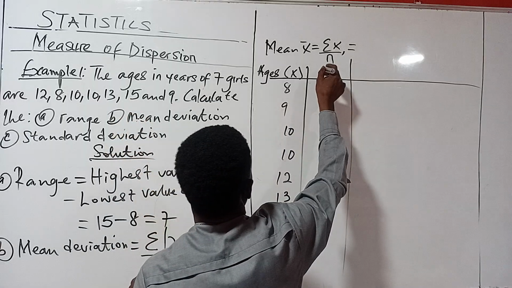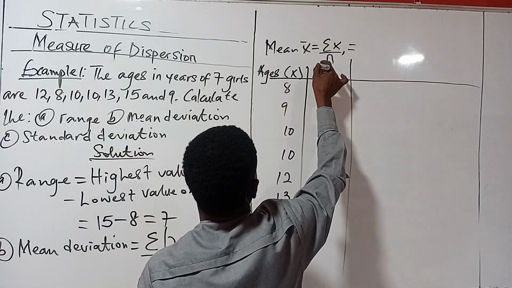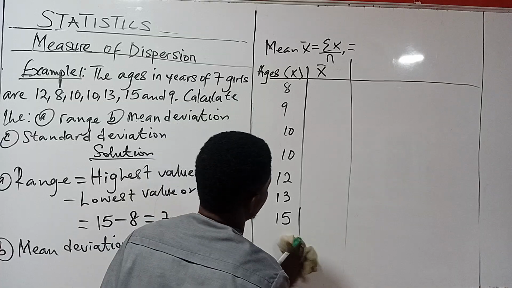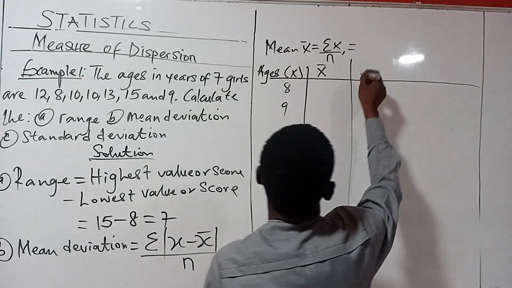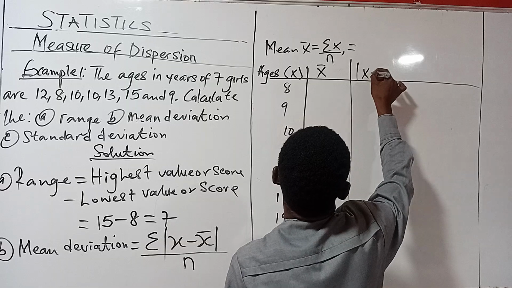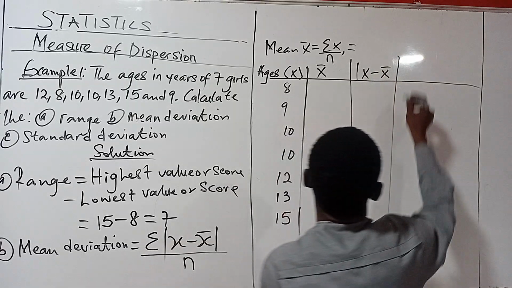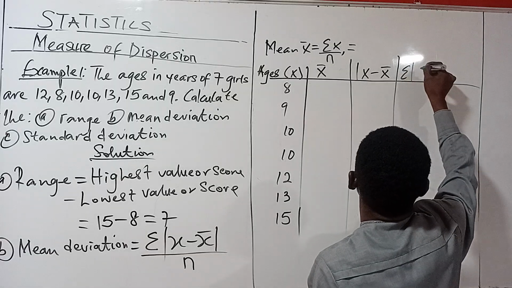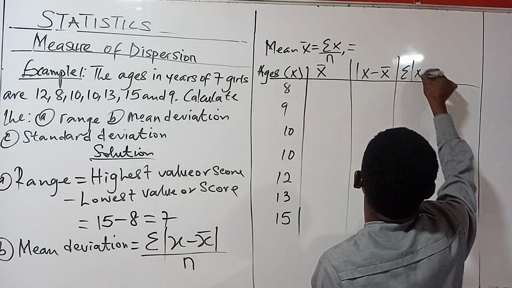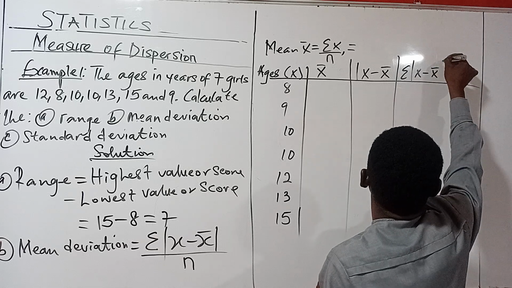So we need x bar now. After that, we have x minus x bar. Then after that, we have the summation of x minus x bar.